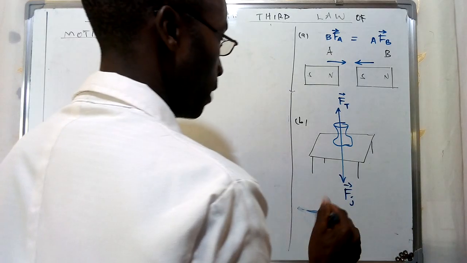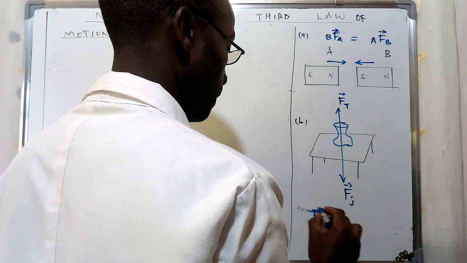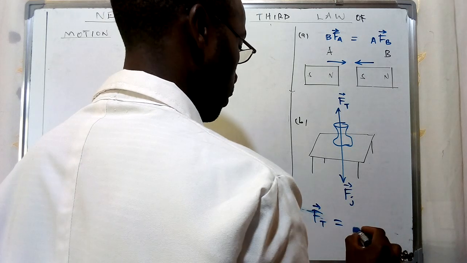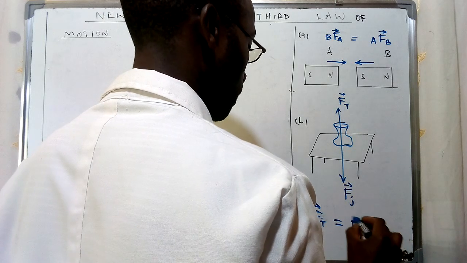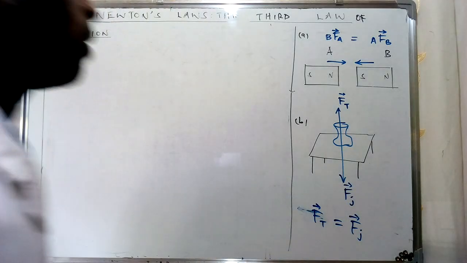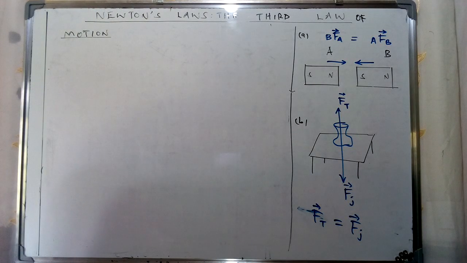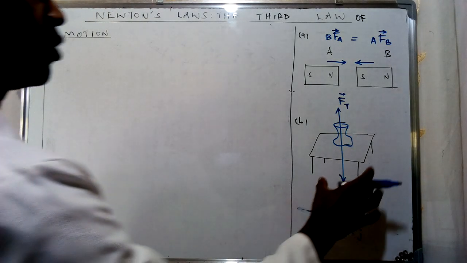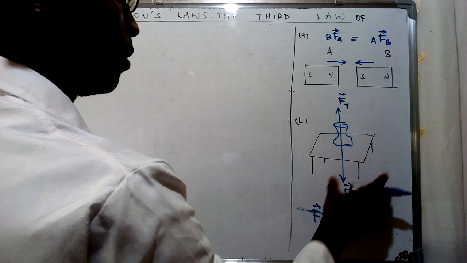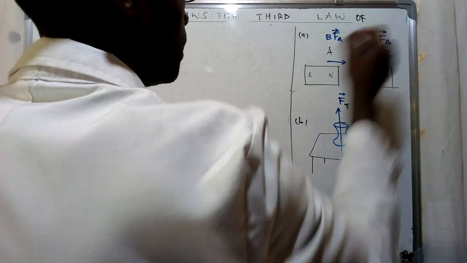So we shall have this one given as Ft in this direction equivalent to Fj in this direction. There is an additional statement, whereby we'll see that these forces, which are due to interaction of the objects, are acting in the opposite direction.